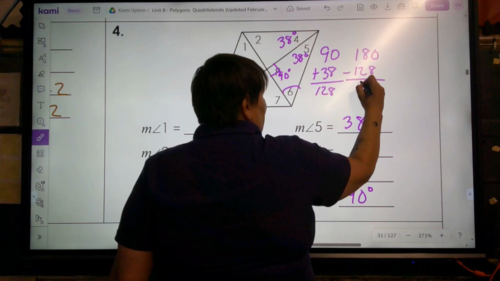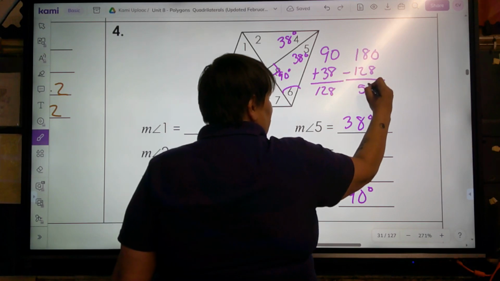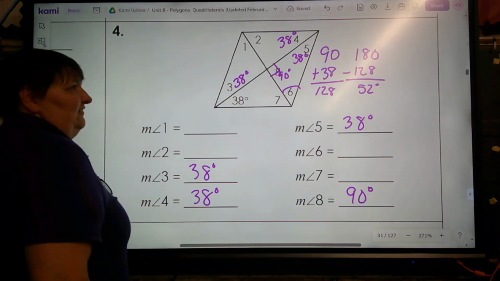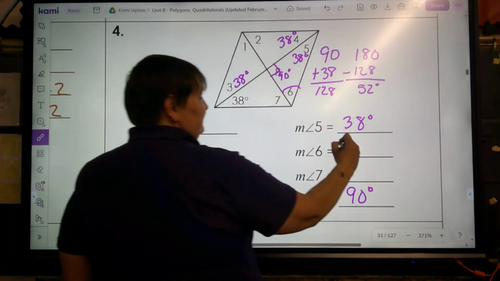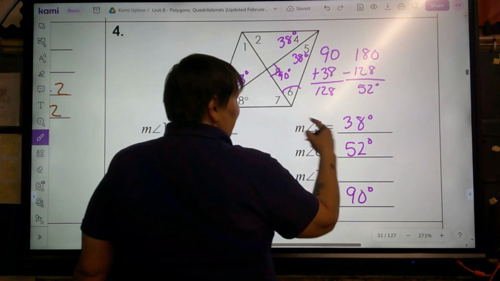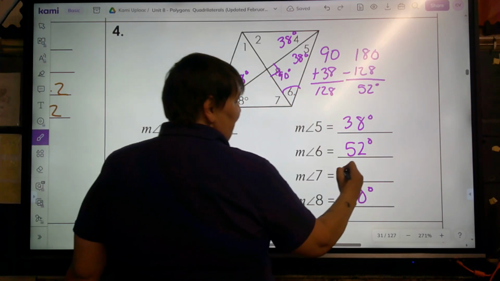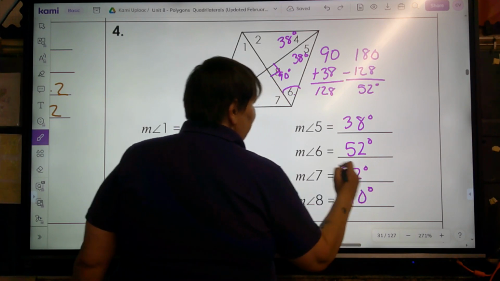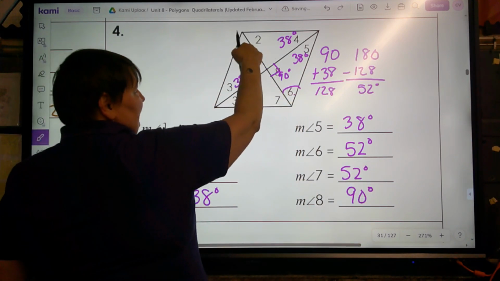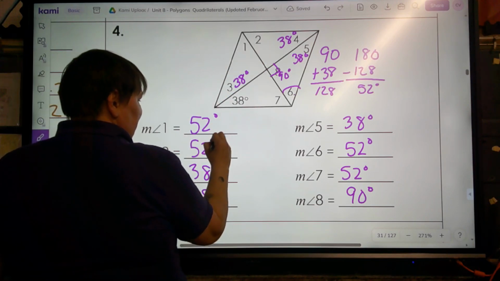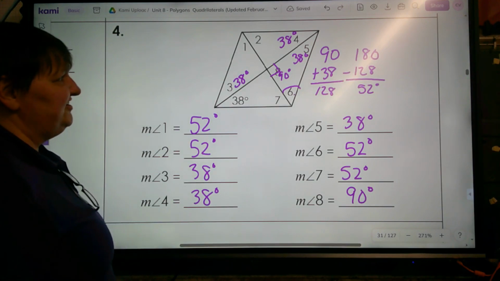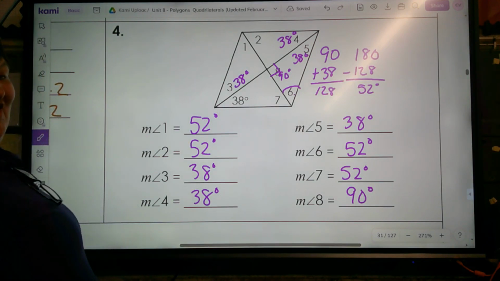So what's that? 52? 180 minus 128, is that 52? So if 6 is 52 degrees, and we bisected it, 7 has to be 52 degrees. Alternate interior, 1 and 2 have to be 52 degrees. Just use your logic. That's all I had to do to get all of them.